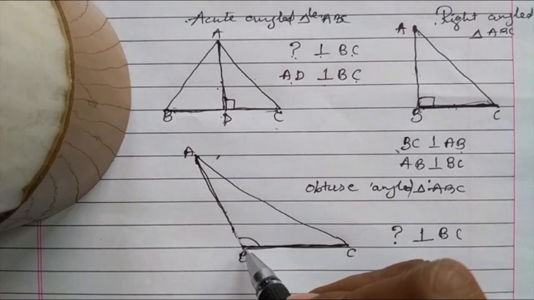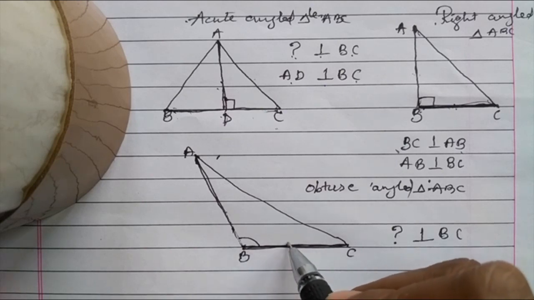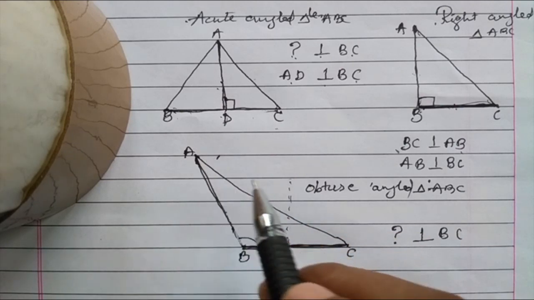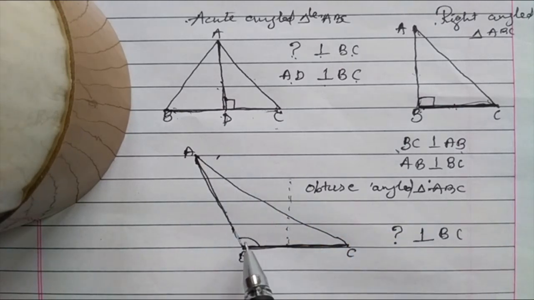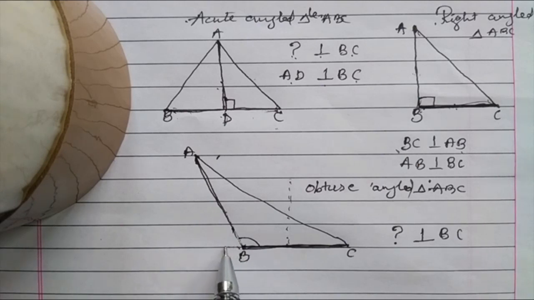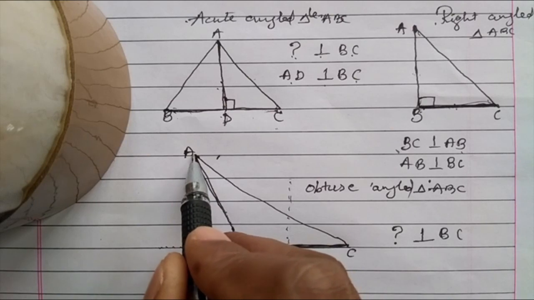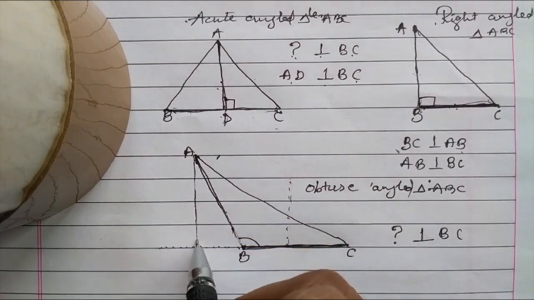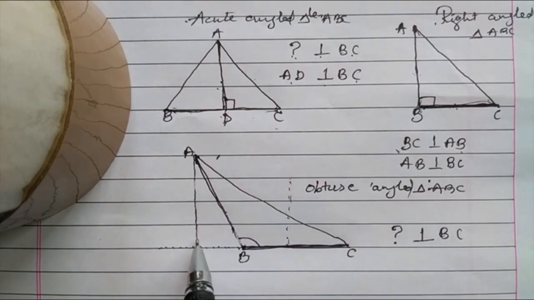If we construct perpendicular to BC here, it is not meeting the opposite vertex. So therefore, what you need to do, extend the base BC to the left hand side and draw perpendicular from A to that BC here.